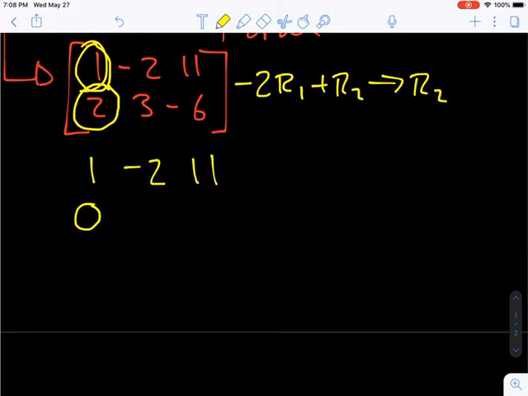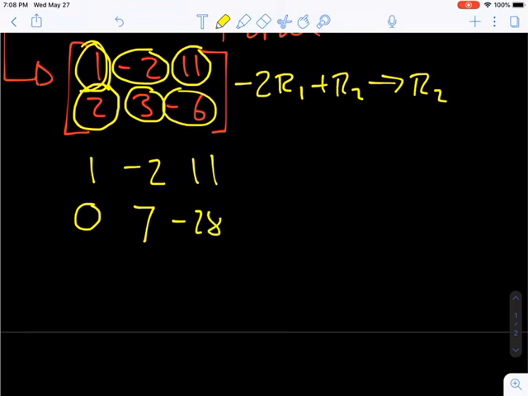Then -2 times -2 is 4, plus 3 is 7. -2 times 11 is -22, plus -6 is -28. And I have completed my row operation, and I have a new matrix. So my objective is complete. I have a 1 in row 1, column 1, and I've changed the 2 into a 0.